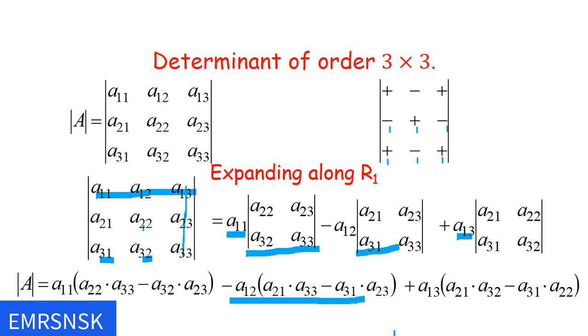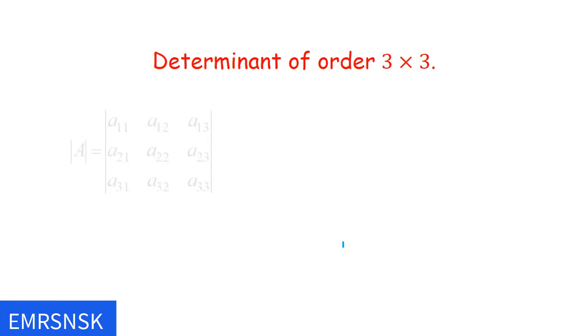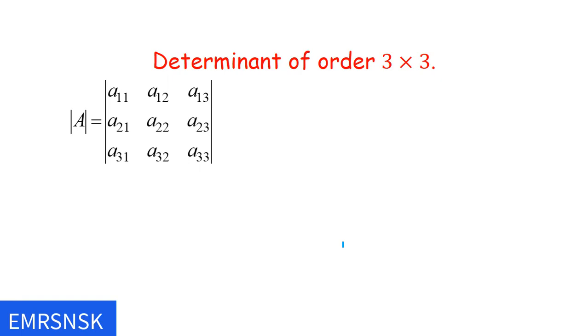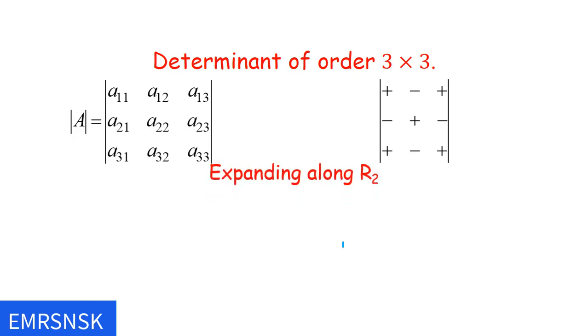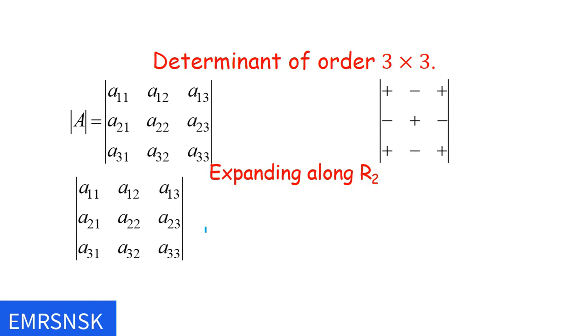Similarly, you can expand this along row 2. The same determinant is there, sign conventions remember. Now we will expand this along row 2. The sign convention for the second row is minus, so this element will be minus A21.